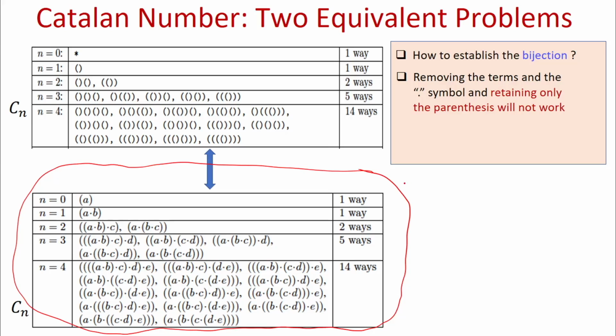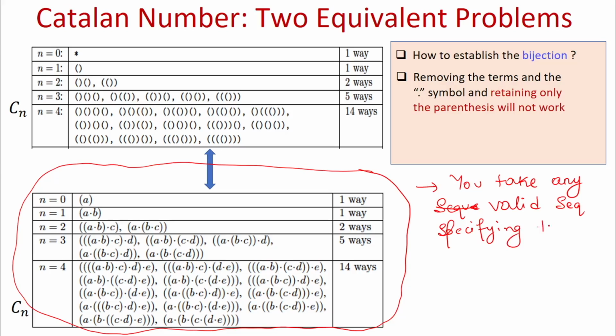What you may say is that you take any valid sequence specifying the parenthesizing of n plus 1 numbers, and corresponding to this sequence, you want to find the matching valid string with n pairs of parentheses.